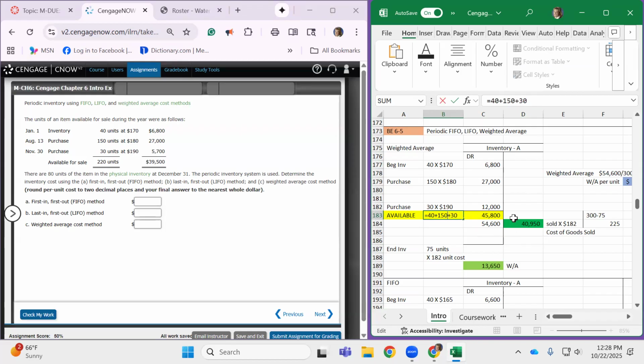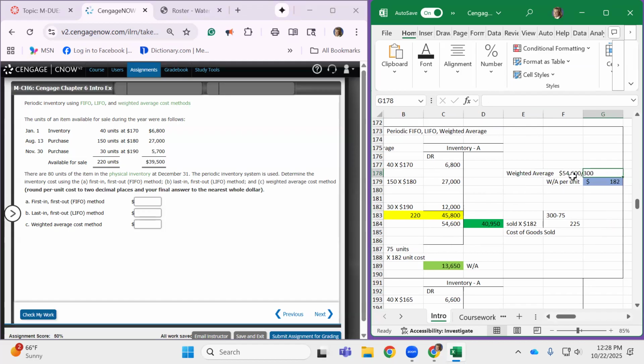So we need an average cost of the items. It's going to be somewhere between $170 and $180 apiece. The total is 45,800. I'm going to show you this so you can see it.